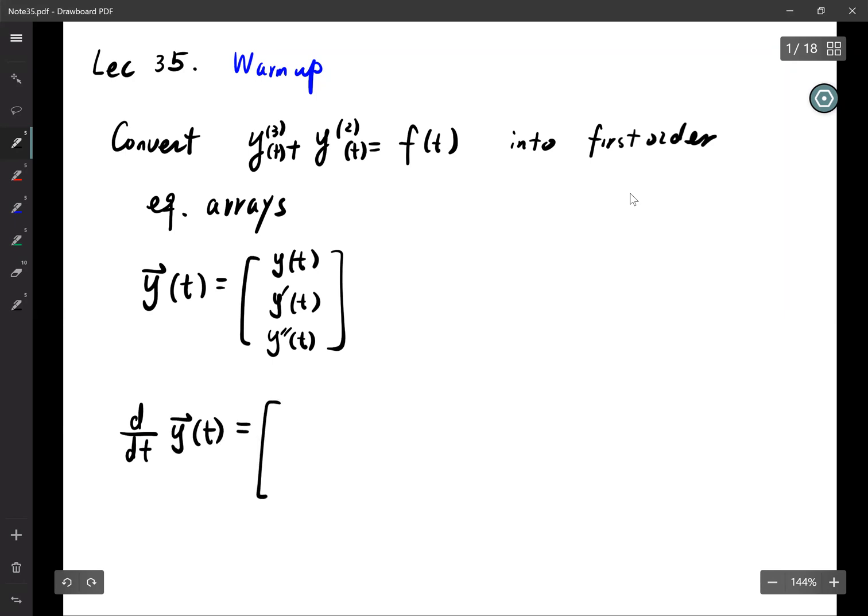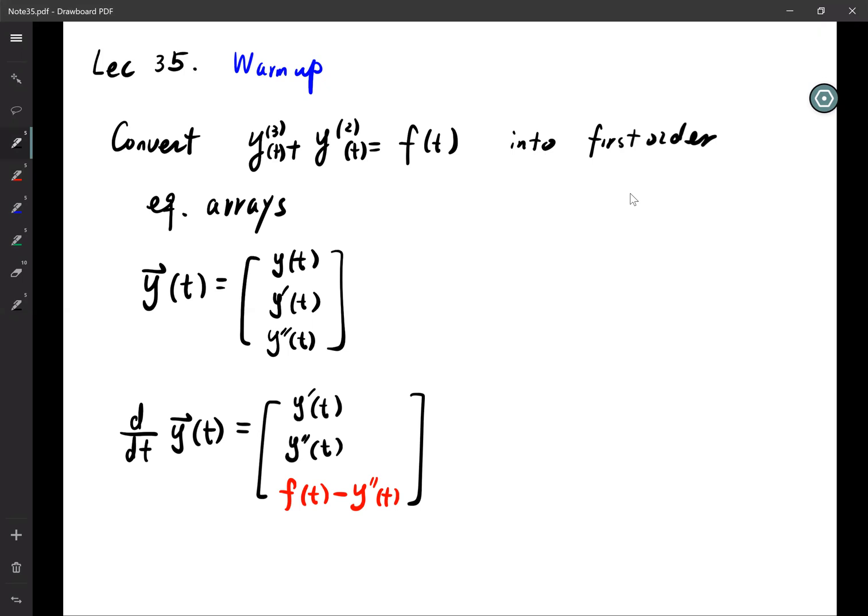So the first component is y prime t. Second component is y double prime t. Third component is y triple prime t, but this is nothing but the equation. This is really the most important part, because these two always look like that. It doesn't involve the equation at all.